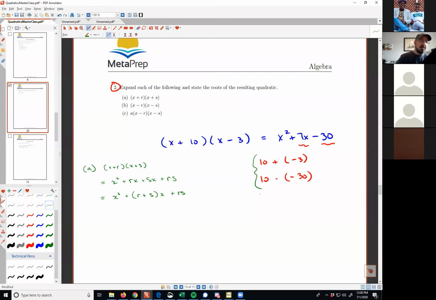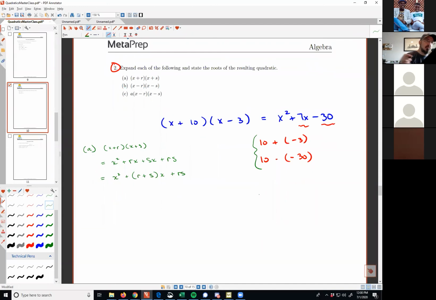What about part B? x squared minus sx minus rx plus rs. And if we wanted, we could write this as x squared minus (r plus s)x plus rs.